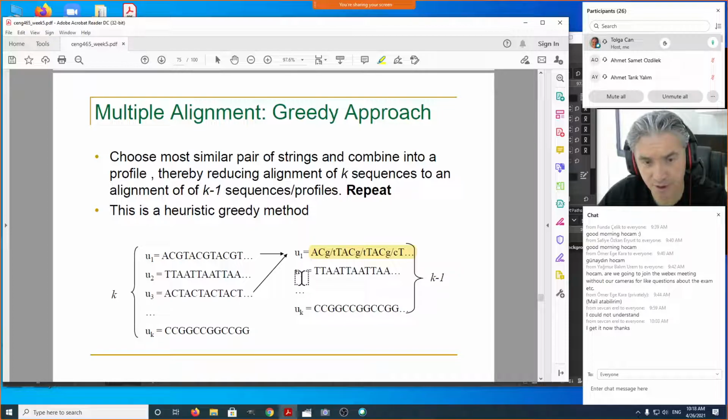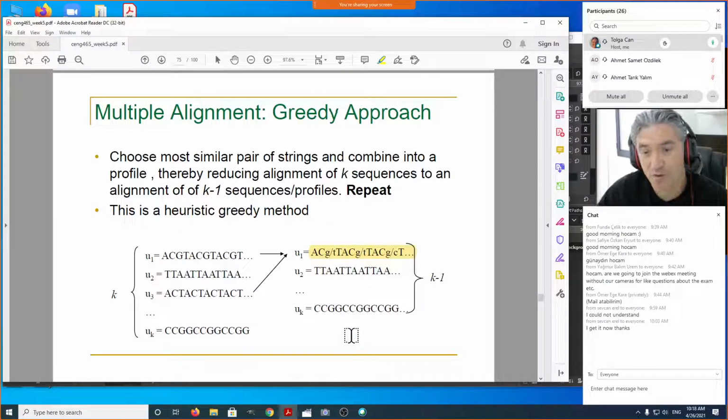For example, the alignment between U2 and UK, or U2 and U3, I already did in the previous step. So the only new similarity scores that are going to be introduced in this set are going to be the new U1 versus the remaining cases. So which is K. There are K of those sequences.